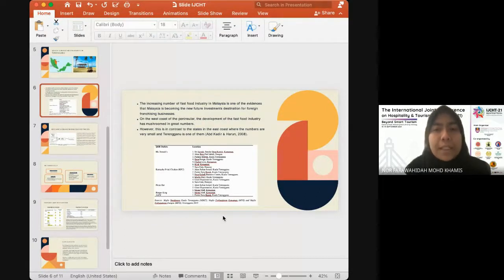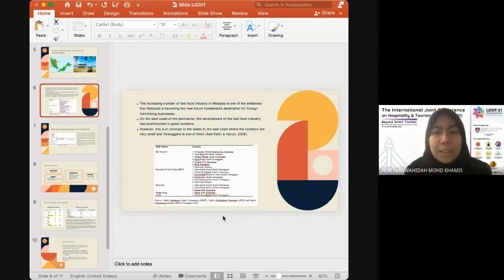So we hope that a few more multinational franchises, such as Texas Chicken, Pizza Hut and Burger King, will open so that more tourists can come.